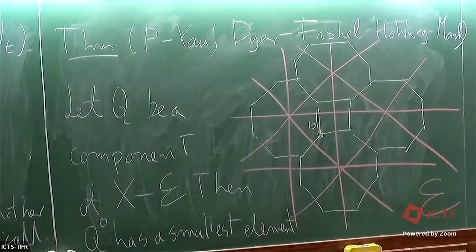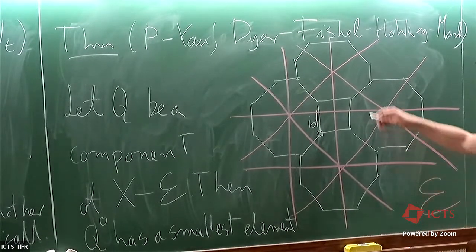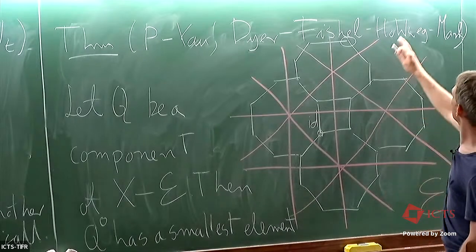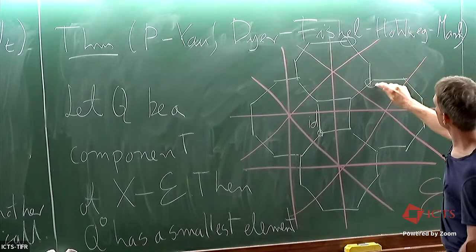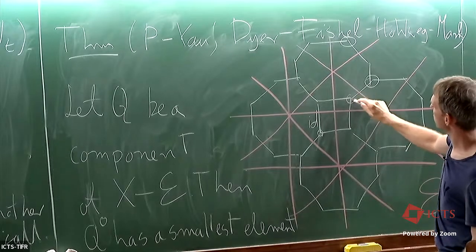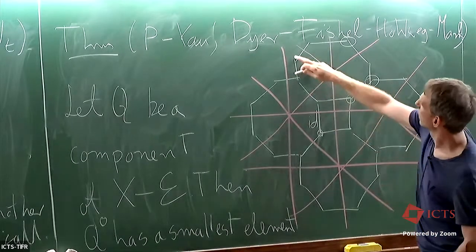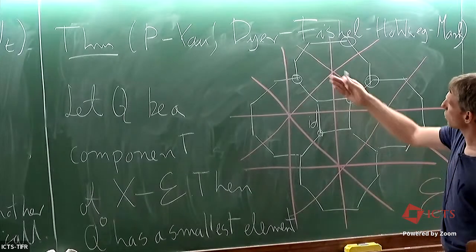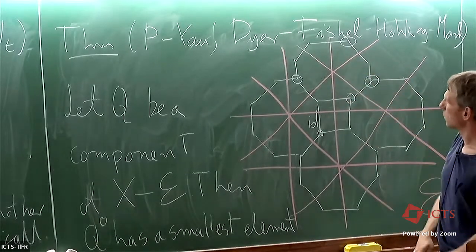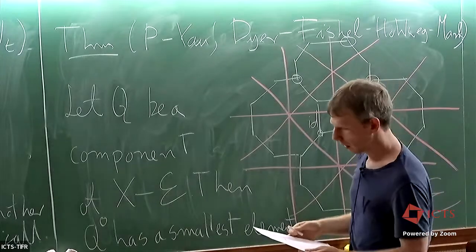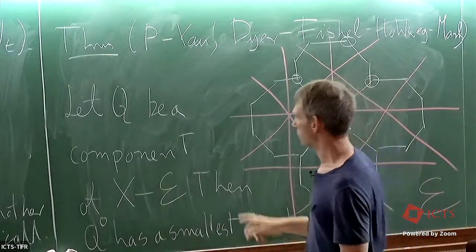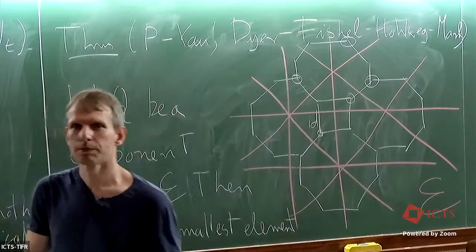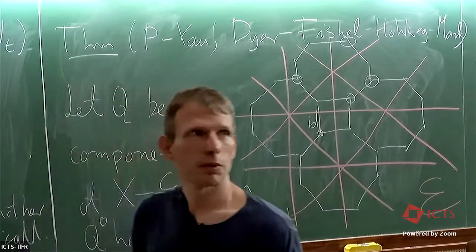You can observe that this is true in this example. For example, this component has this as the smallest element, and this component has this as the smallest element. Some components just have one element, this one has two elements, and this one is smallest, etc. For each component, there is a particular smallest element. So I'll now prove this theorem using bipodality. Any questions about the statement?